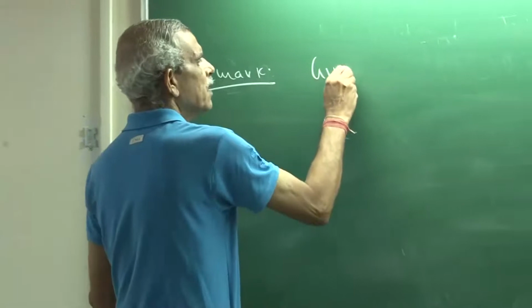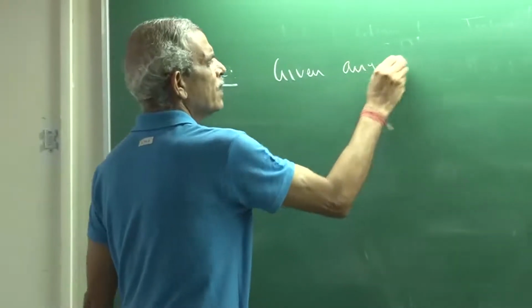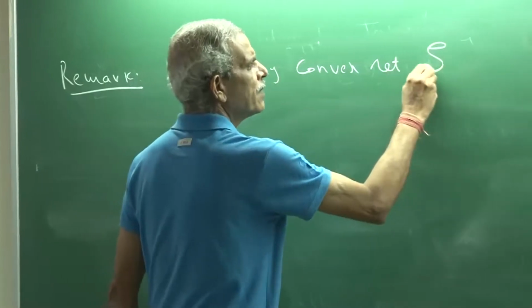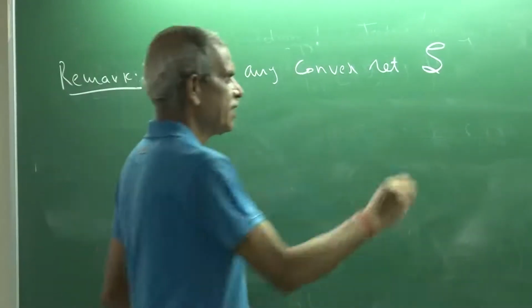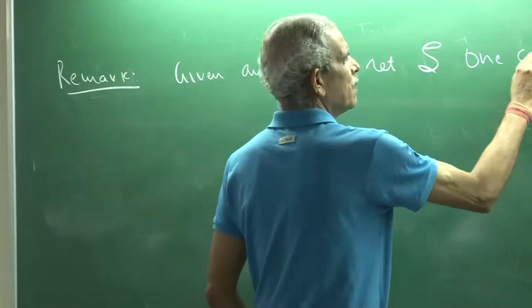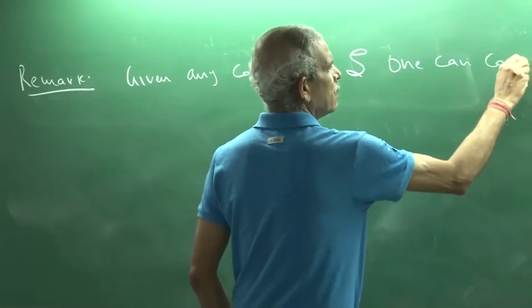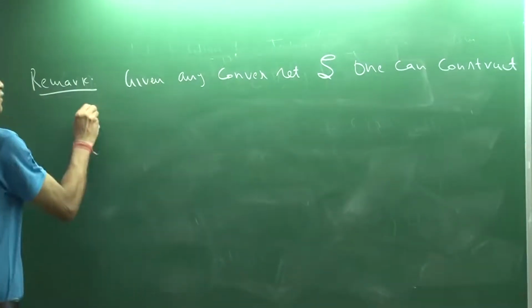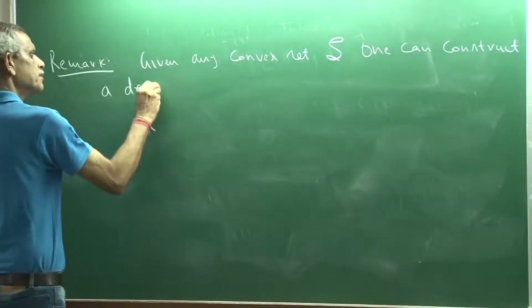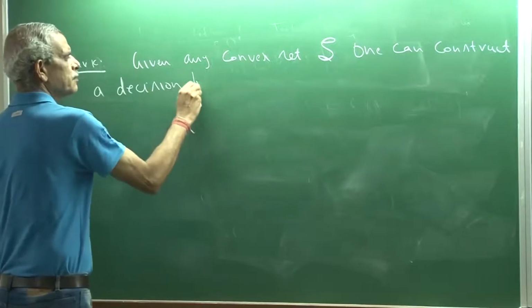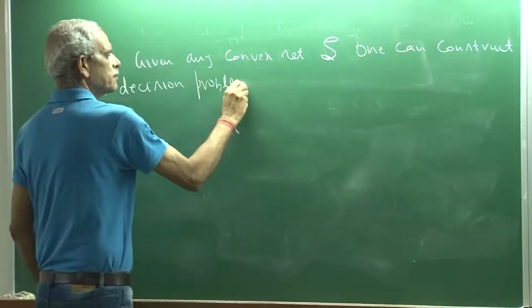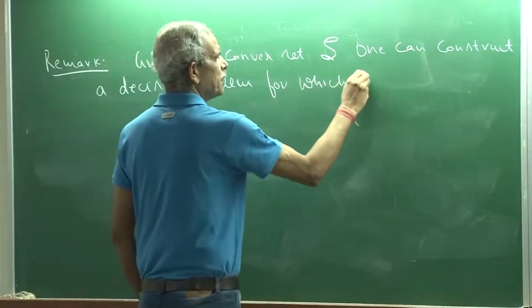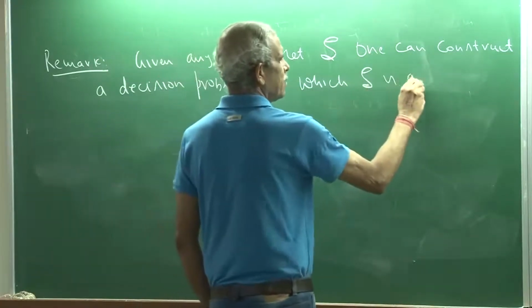Given any convex set S, one can construct a decision problem for which S is a risk set.